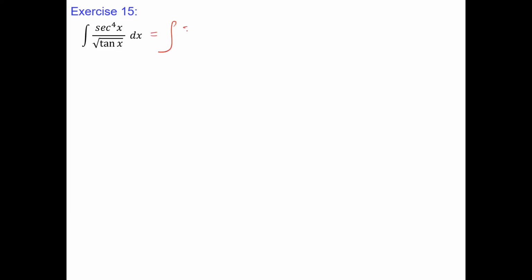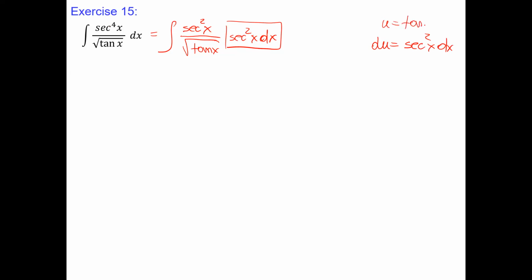Okay. So what I can do, I can maybe do secant square. Of course, that's weird, tangent. Secant square times secant square of x dx. And that power 4, I rewrite as secant square times secant square. Now, since I am already boxing, separating secant square, this will be the derivative, secant square of x, the derivative of tangent of x.